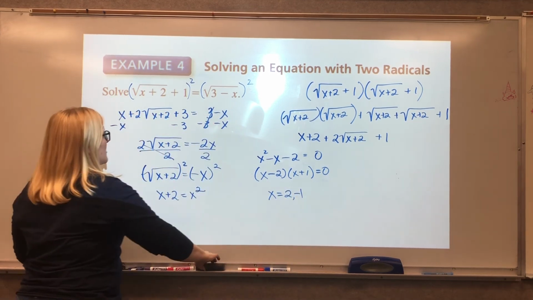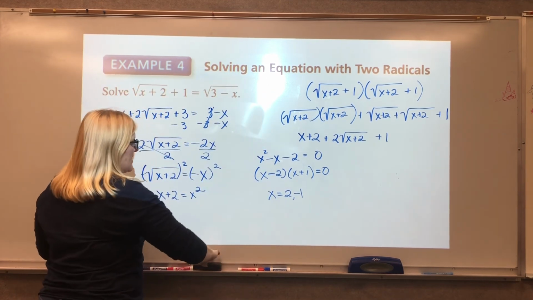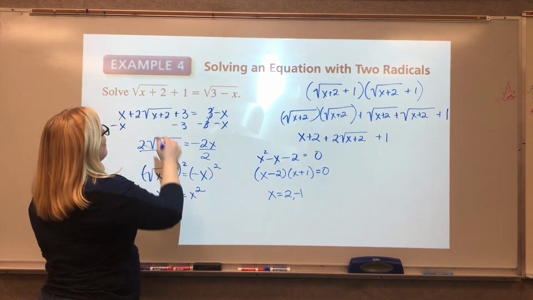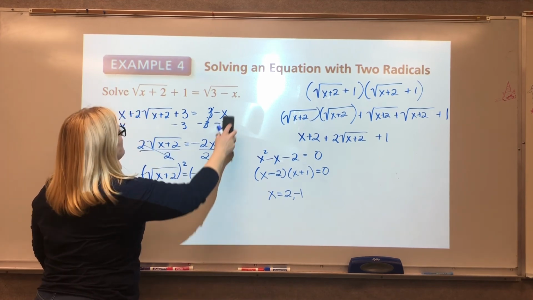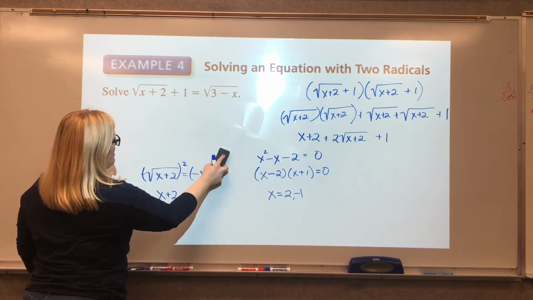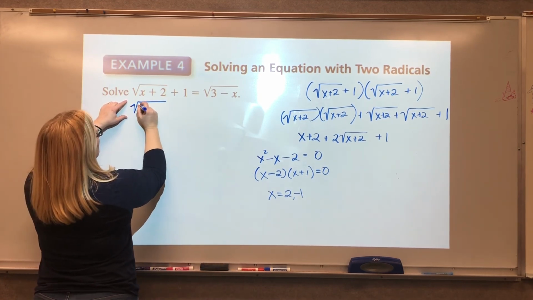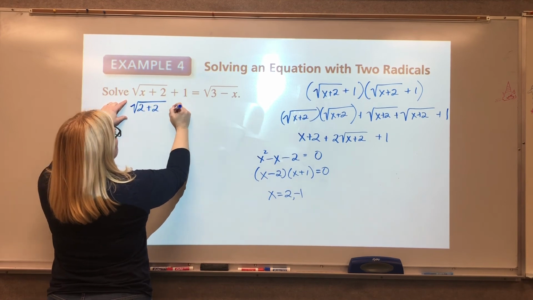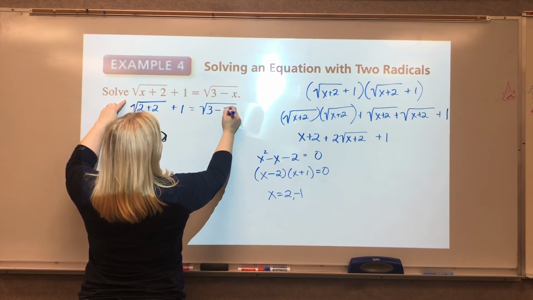So let's go back to our original equation and see what we have. Let me erase this right here, and let me put in a 2. This is the square root of 2 plus 2 plus 1 equals the square root of 3 minus 2.